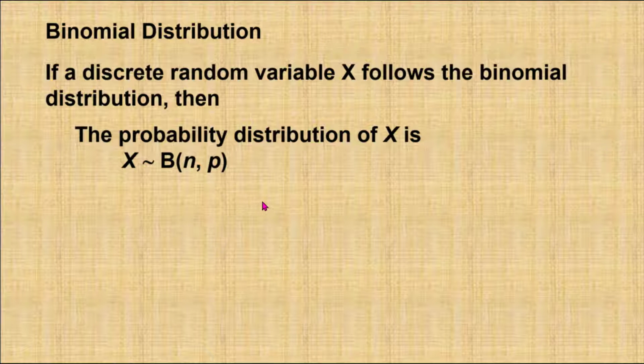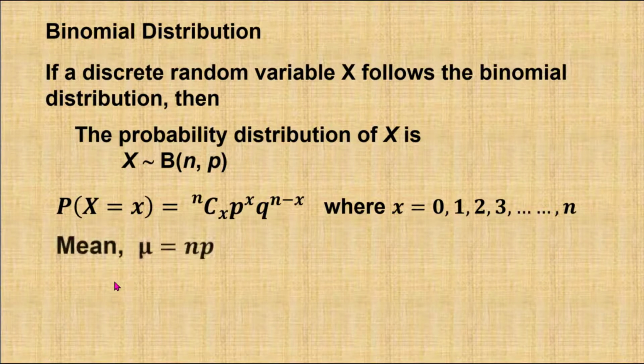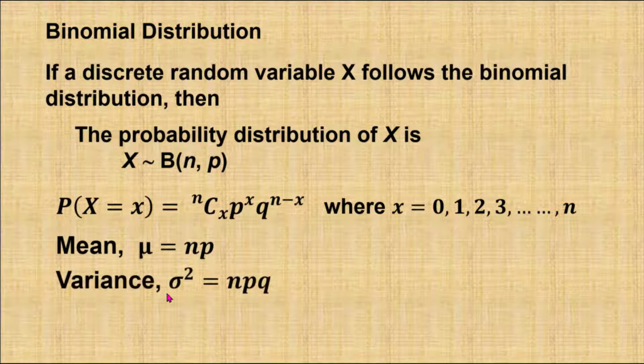The probability of the value of X is this. For binomial, X will take on a finite number of values up to n. The mean of the binomial distribution is np and the variance is npq, where q is equal to 1 minus p.